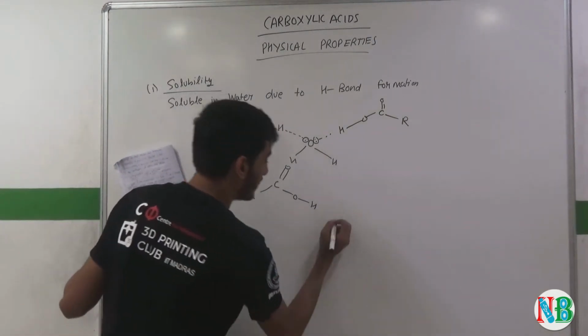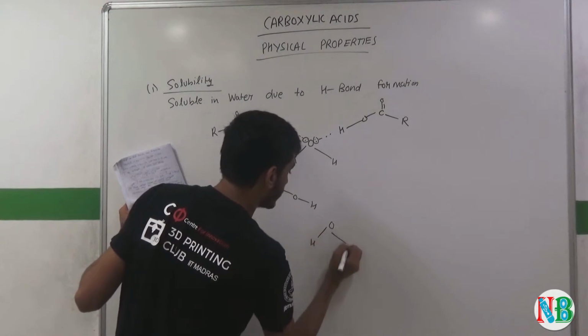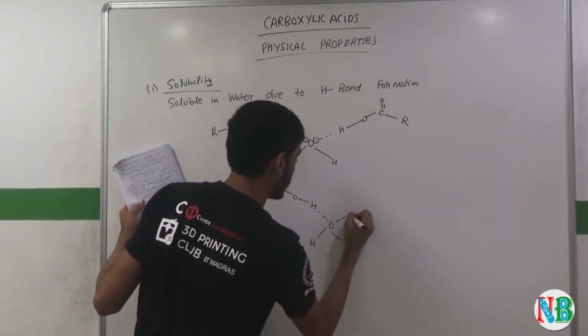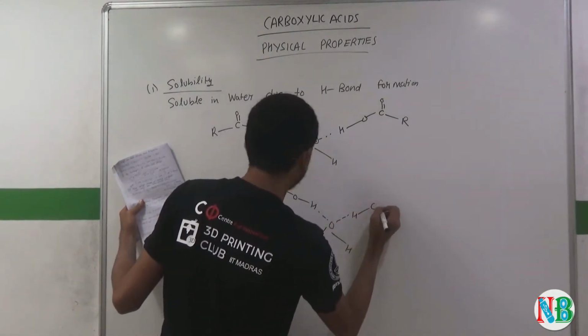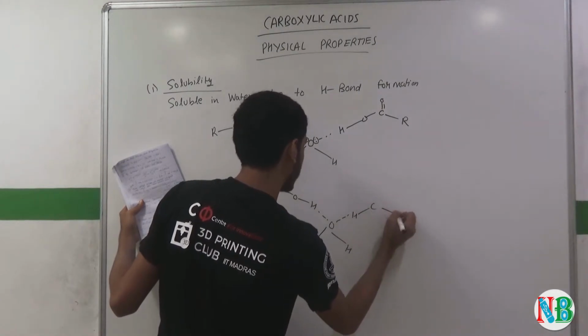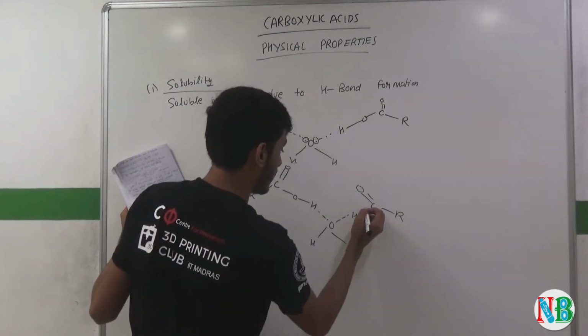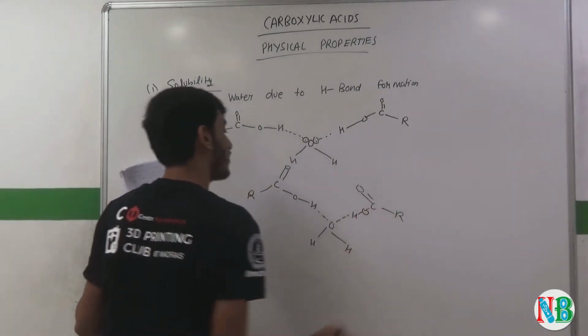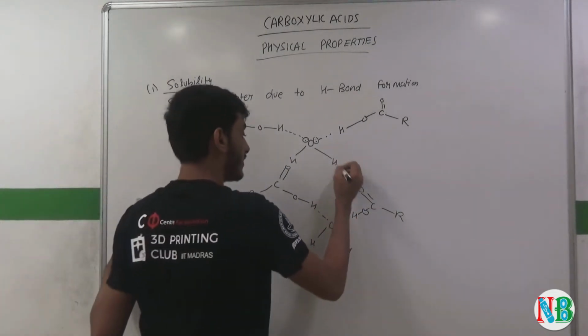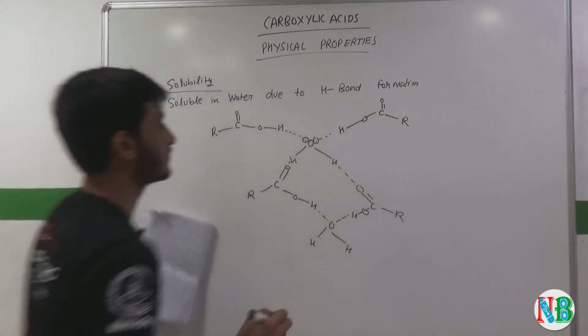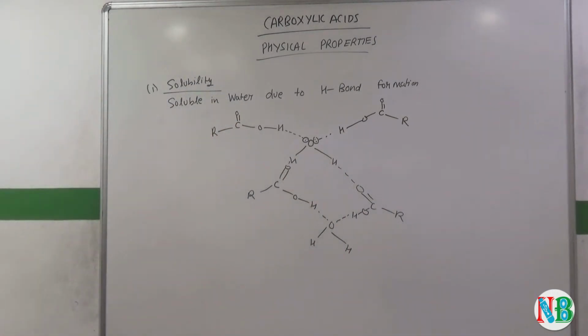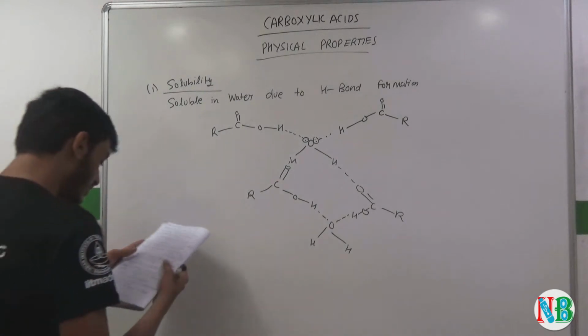This hydrogen will interact with one more molecule of H2O. So it goes like this. And it will interact with this. So like this. So that is why it is soluble in water.